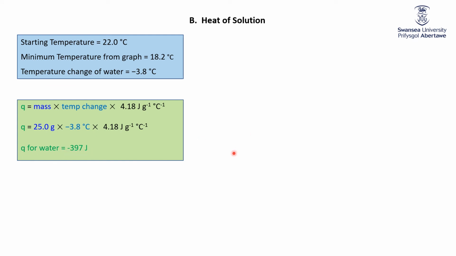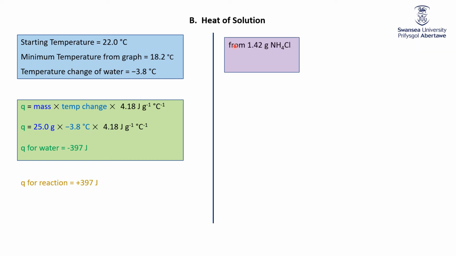The heat change for the reaction, for the dissolving of ammonium chloride, is the change of the sign of that. So the Q for the reaction, in gold, is plus 397 joules. Now we can do our molar calculation. We took, if you remember, 1.42 grams of ammonium chloride. The molar mass of ammonium chloride, 14 plus 4 plus 35.5, is 53.5 grams per mole. So the number of moles of ammonium chloride we have is 0.0265 moles.